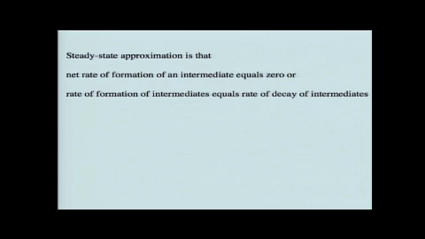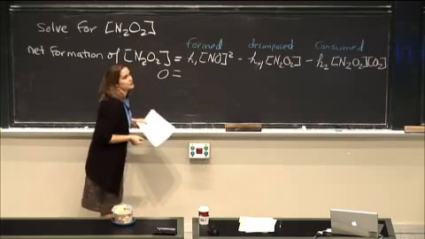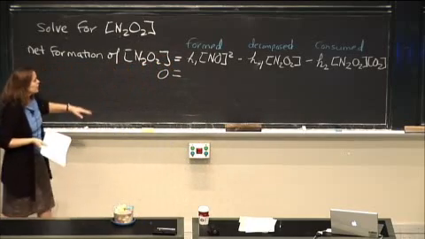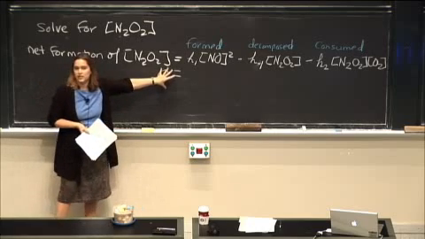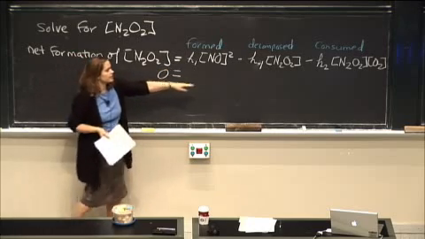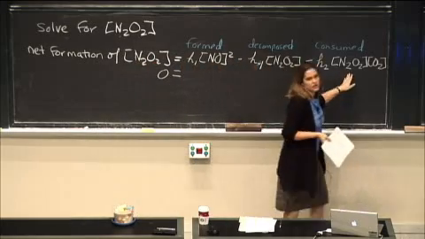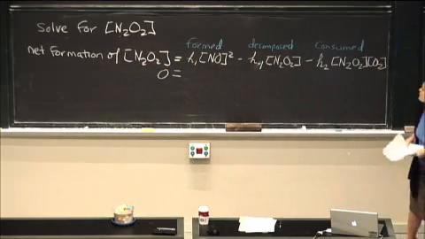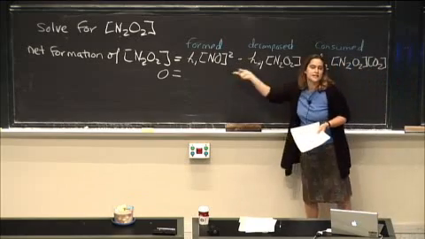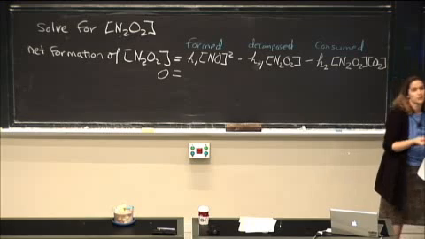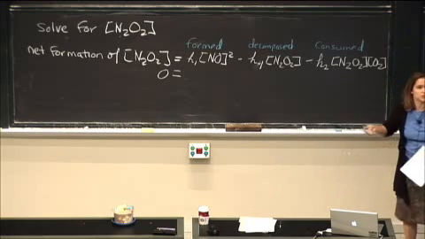Another way to say it is that the rate of formation of the intermediate equals the rate of decay. So that's saying the same thing, that this term is going to be equal to those 2 terms. So if we can set this whole equation equal to 0, then we can solve for the concentrations of the intermediates in terms of the rate constants and the concentrations of the reactants and the products, which is what we need to do.